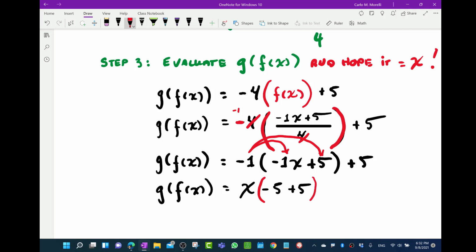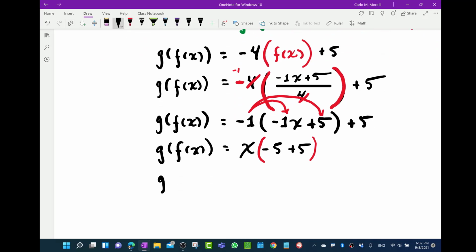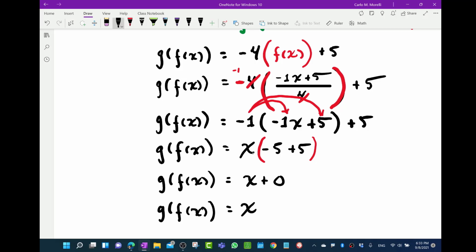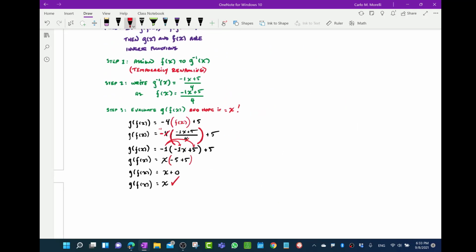Negative 5 plus 5 is 0. So I write g of f of x equals x plus 0. Therefore, g of f of x equals x. And this is just amazing, because what we've done is half of the validation.